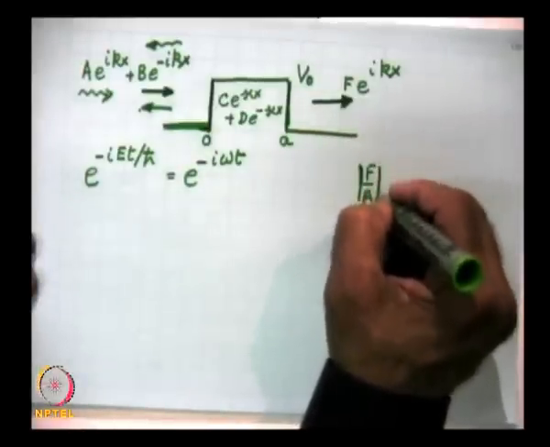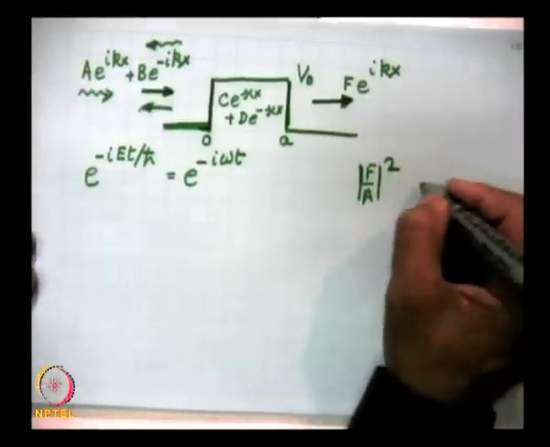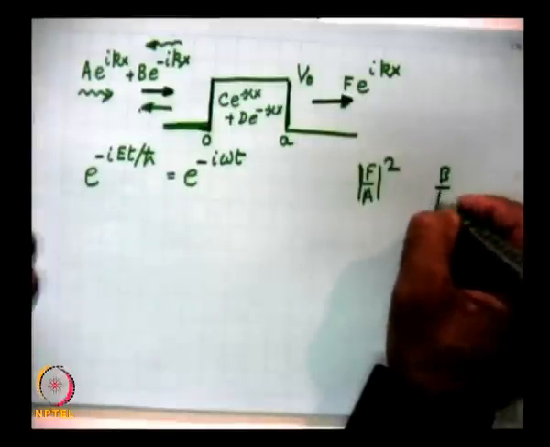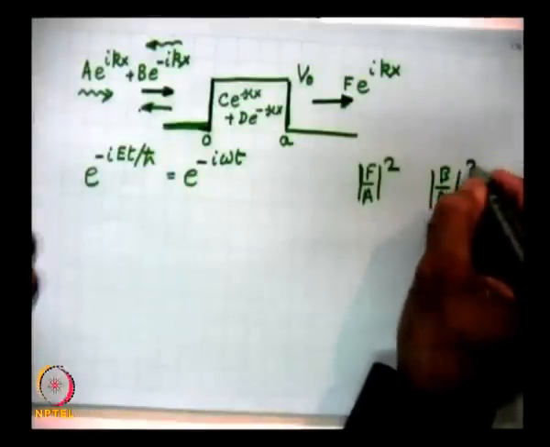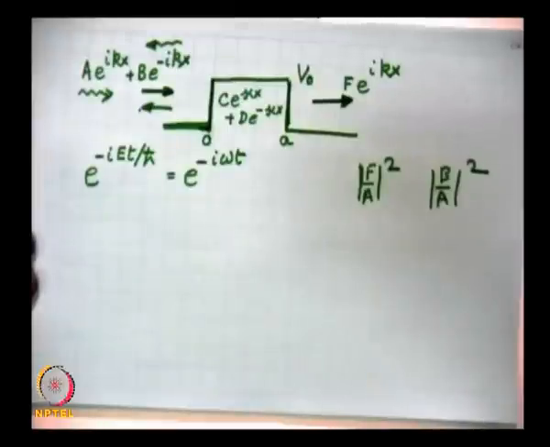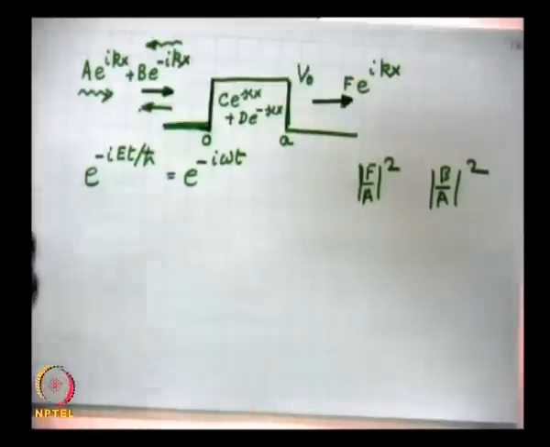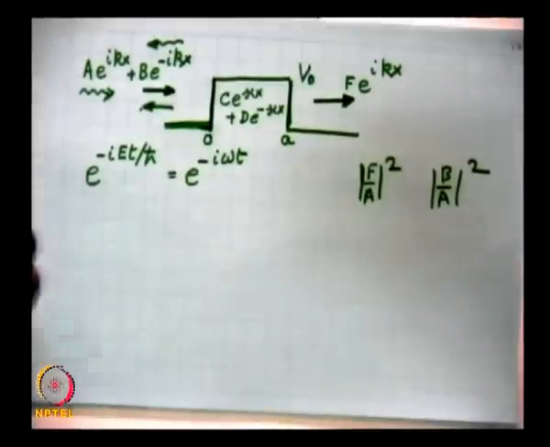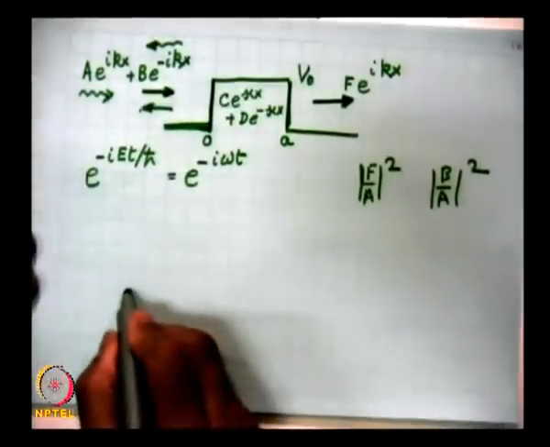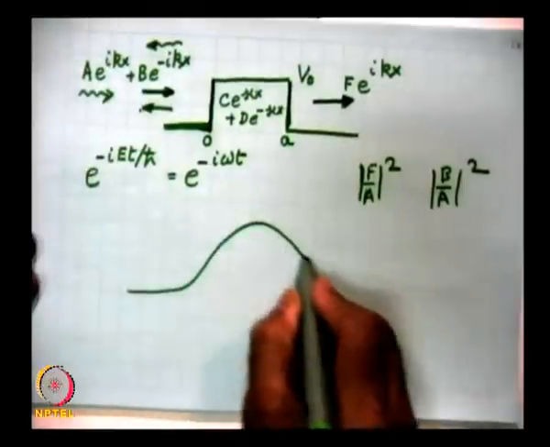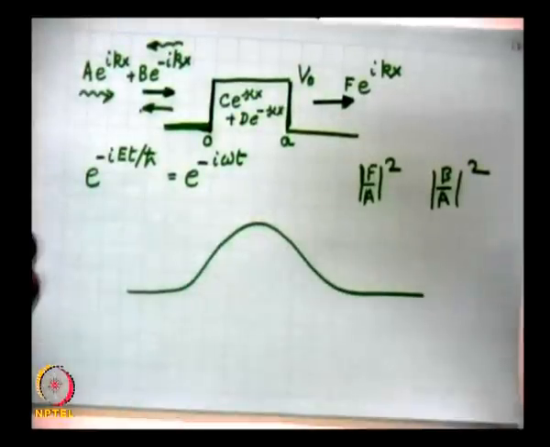This is the tunneling probability, and B by A whole square was the reflection probability. But this is a step potential, it is an idealized situation, and in general you have a potential variation like this. And here the solution of the differential equation becomes extremely difficult.